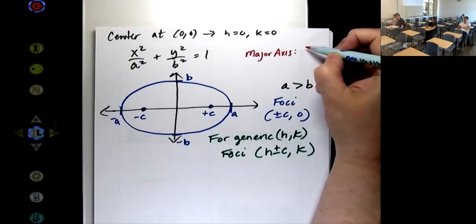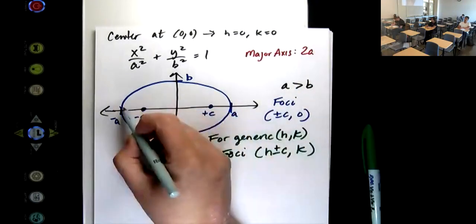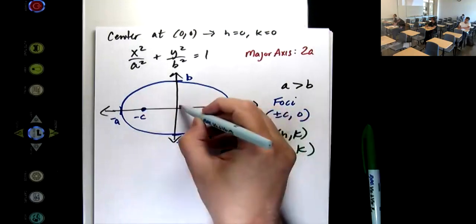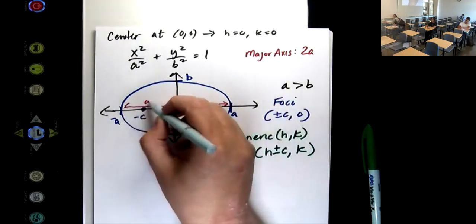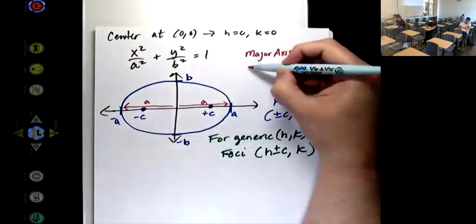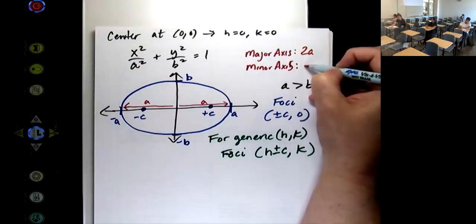It's 2a, right? We have a distance a here and a distance a there. And the minor axis is 2b.